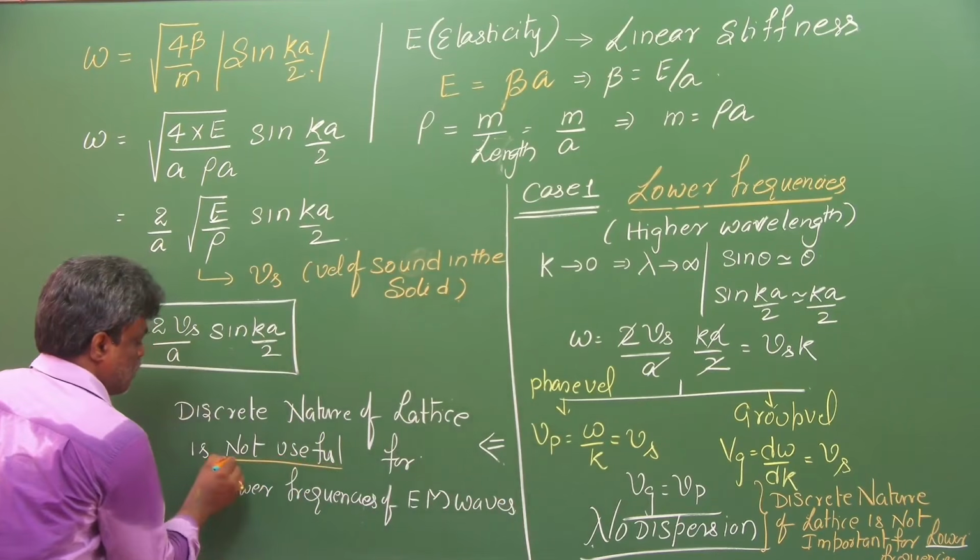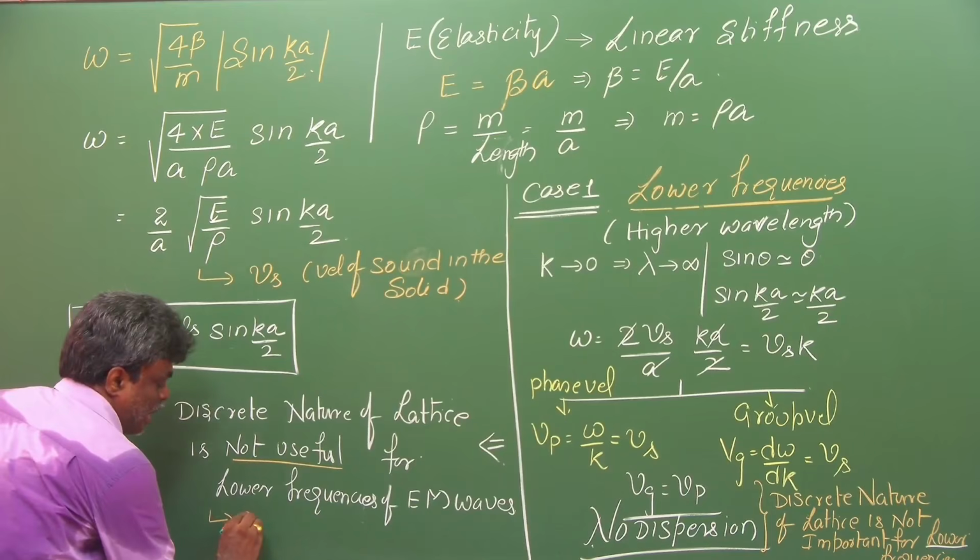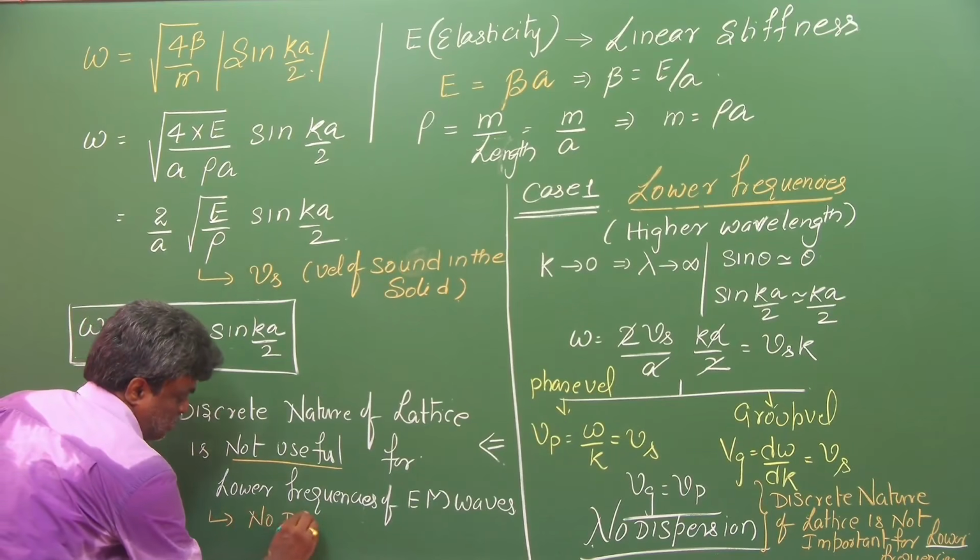Here not useful means we won't get any information. Why won't we get information? No dispersion.